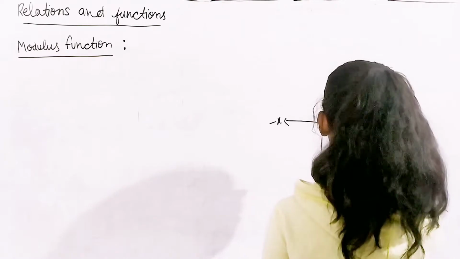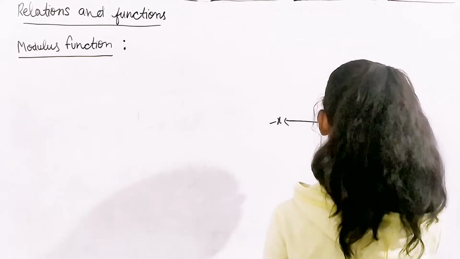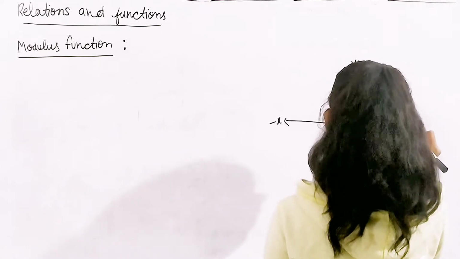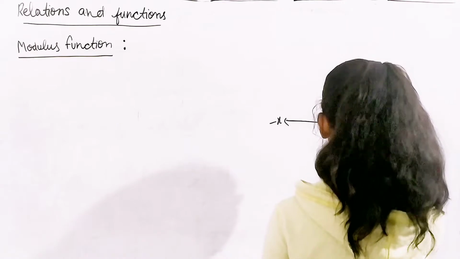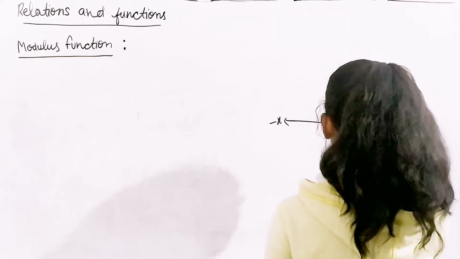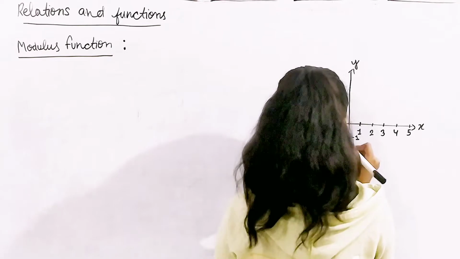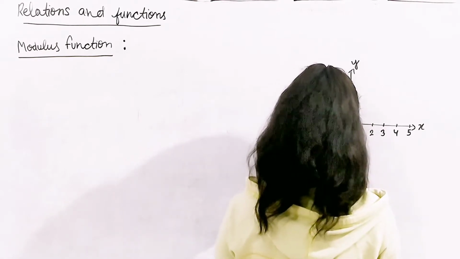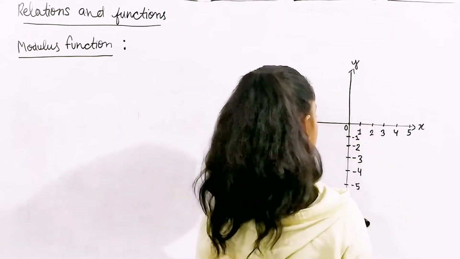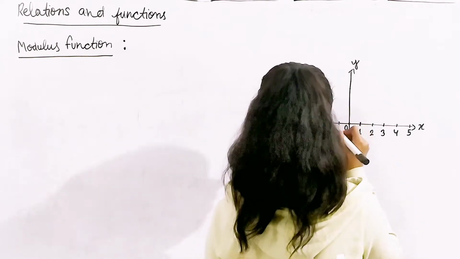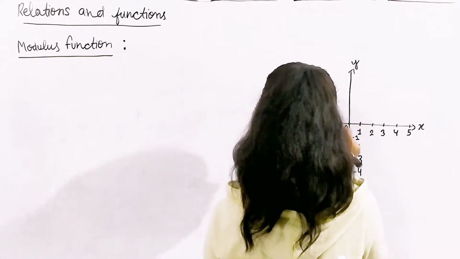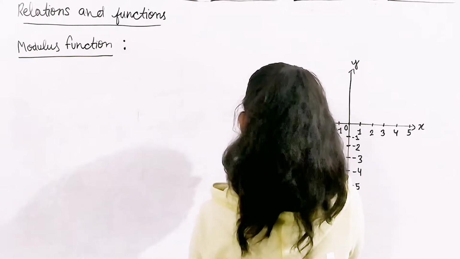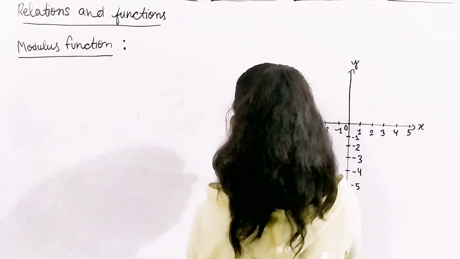Just right here, I'm going to say 1, 2, 3, 4, and 5. Then right here, negative 1, negative 2, negative 3, negative 4, negative 5. And right here, negative 1, negative 2, negative 3, negative 4, and negative 5.